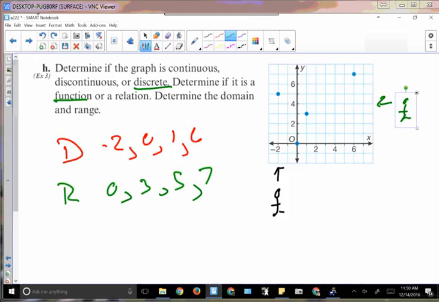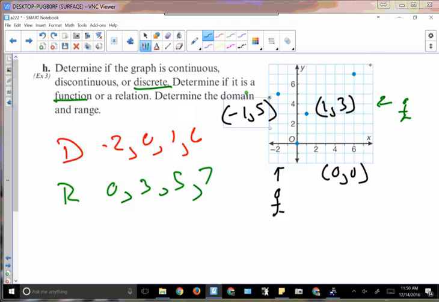Now, the nice thing is, if you take a look at this, what are the coordinates here? Well, that's 0, 0. This coordinate here is going to be -1, 5. This one over here is going to be 1, 3. And this one over here, oh, -2. It's because I missed. This one's going to be 6, 7.